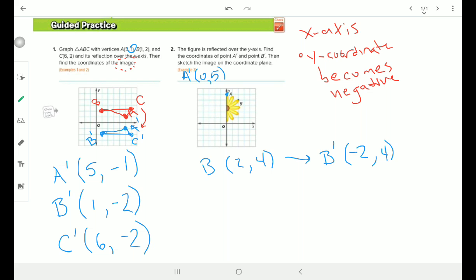So if we look, -2, 4 would be right here, and it matches that reflection. Okay, so this would be B prime. This one was A prime. And so B prime is now -2, 4. So the little trick is to just make the opposite coordinate negative to whatever the axis is, right?